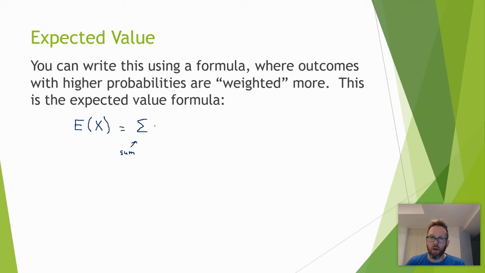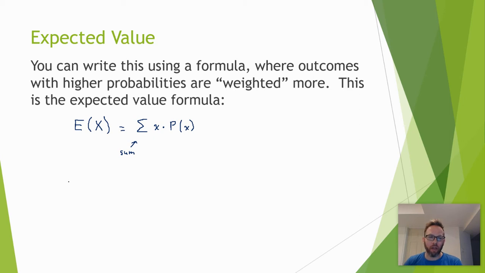So you take all the outcomes, little x, and you multiply by the probability of those outcomes. Different resources might display this notation in slightly different, more involved ways. For our purposes, I think this is good enough. It just means multiply all the outcomes times their probabilities and then add all those up.